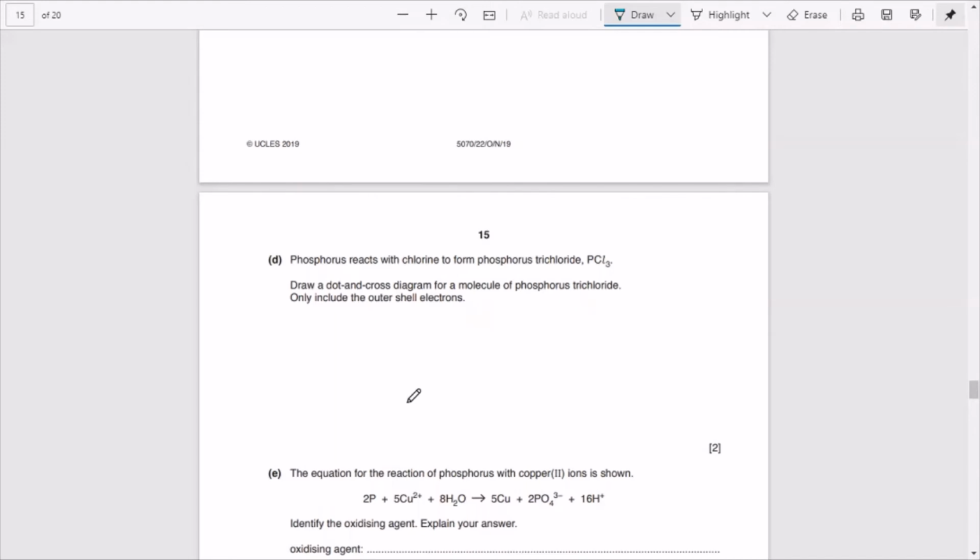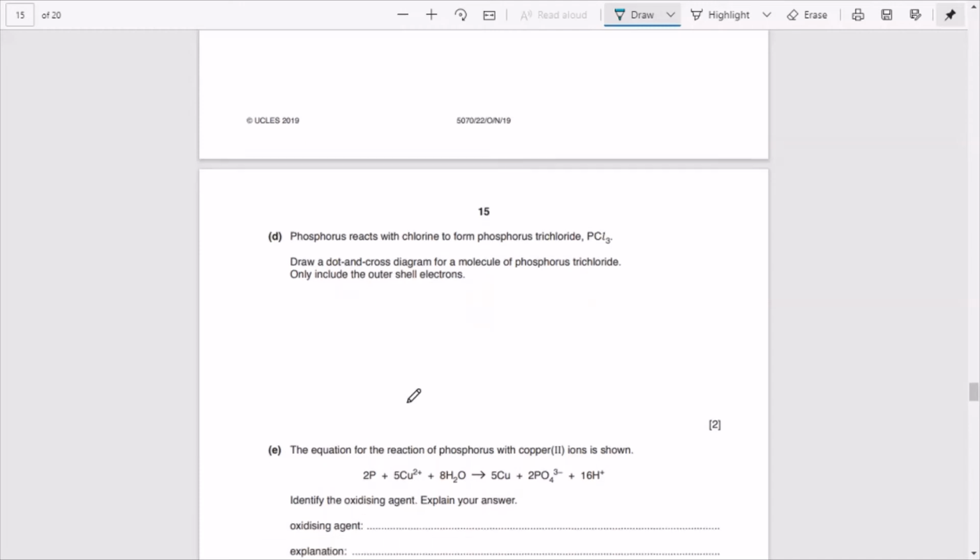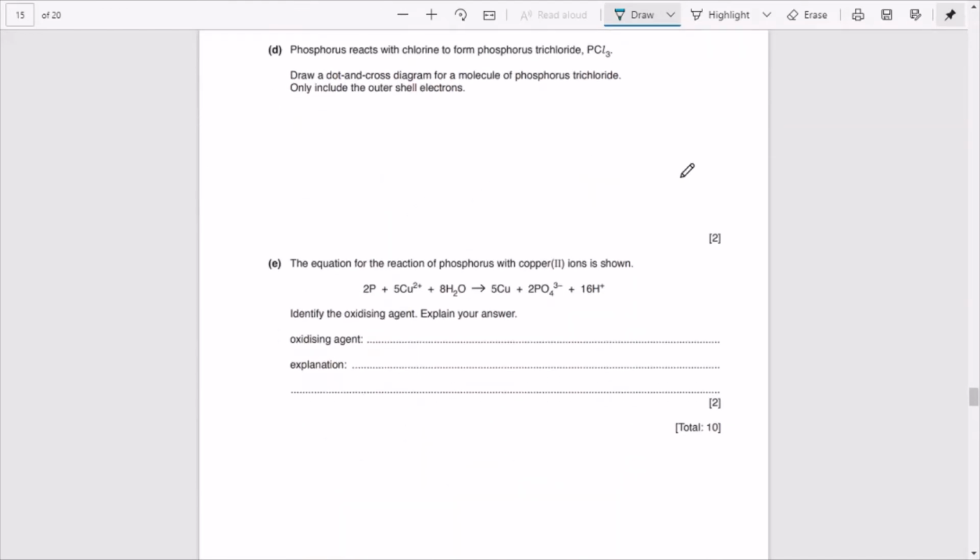So this time I want you all to solve this and let me know if you were able to draw the dot and cross diagram or not. In case you are not able to do it, let me know in the comment section down below and I'll help you. And if you did it, do let me know. Just give it a try.